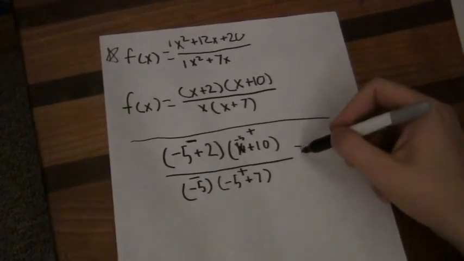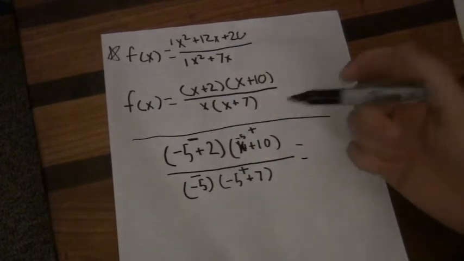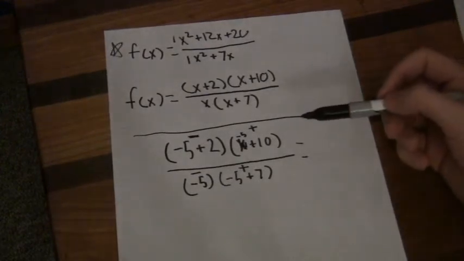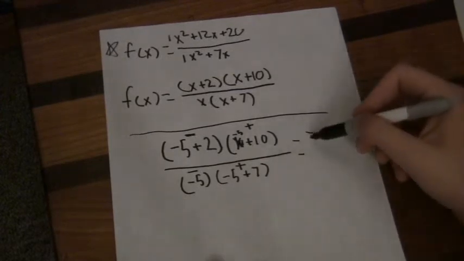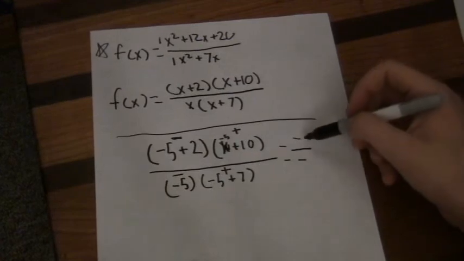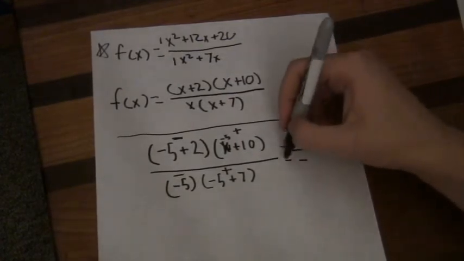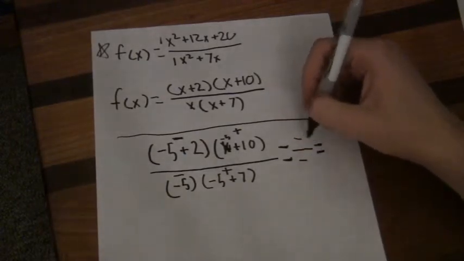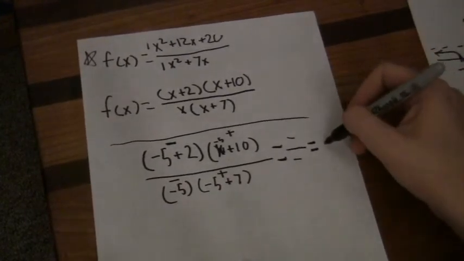Now what you got to do here is multiply across. A negative times a positive gives us a negative. Again, negative times positive gives us a negative. Now, what happens when you got a negative divided by negative? Dividing a negative by a negative gives us a positive.